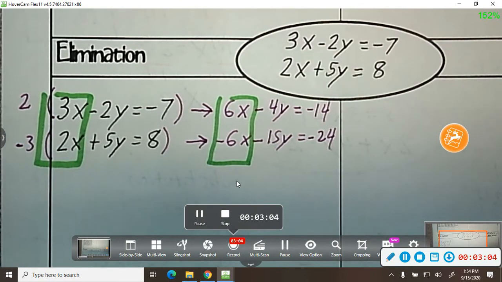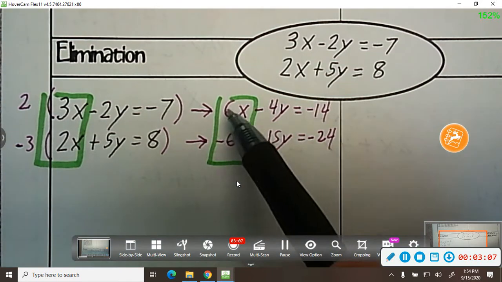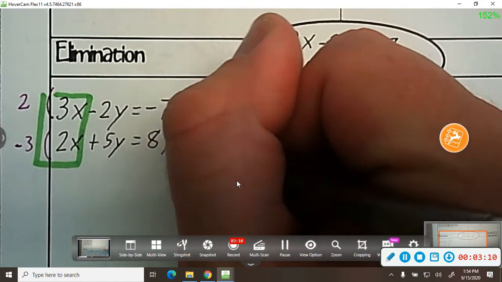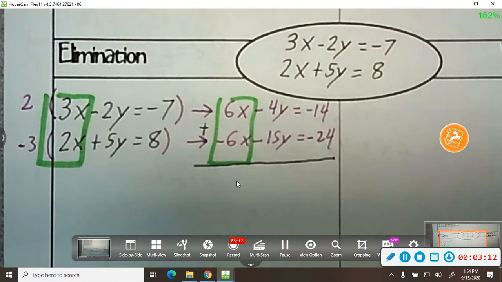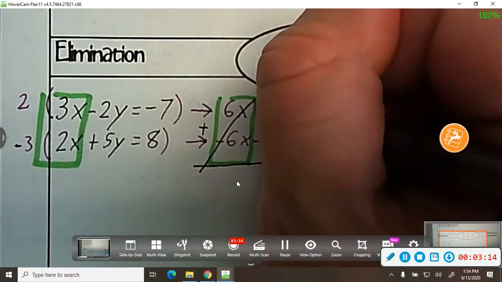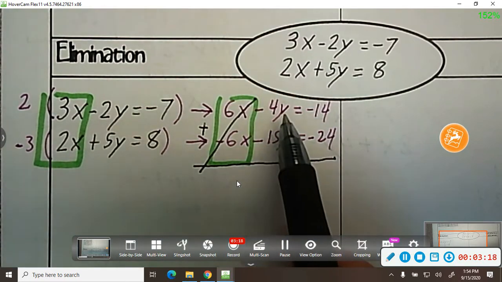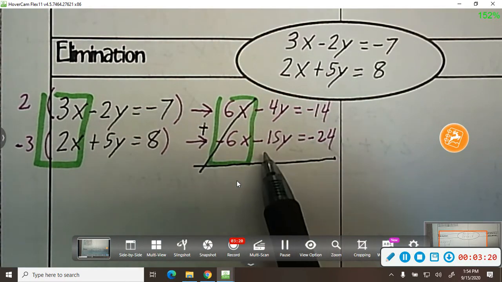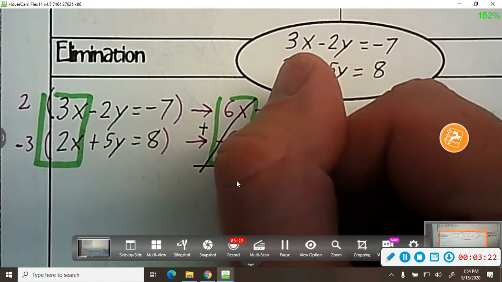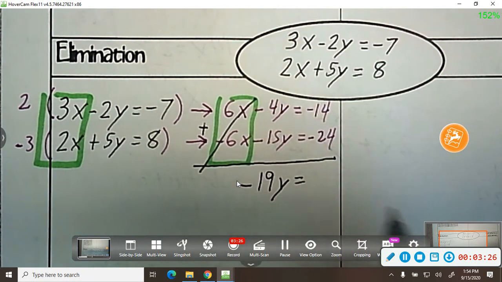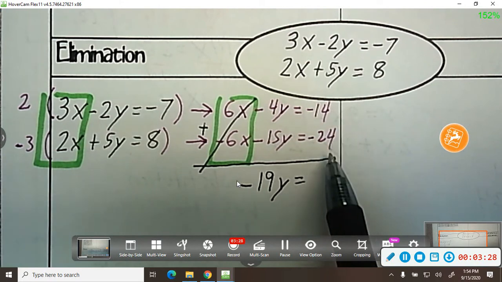Okay, from there we have opposites, additive inverses, so I add these together. 6x plus negative 6x, you're eliminated. Negative 4 plus negative 15 would be negative 19. Equal. And then negative 14 plus negative 24 would be negative 38.